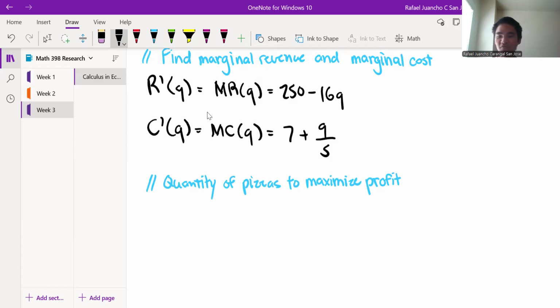And so the rate of revenue that we're getting should be the same as the rate of cost that we're getting. And that means we've reached some peak, right? And if we've reached some peak, then that's how we know we've maximized something.